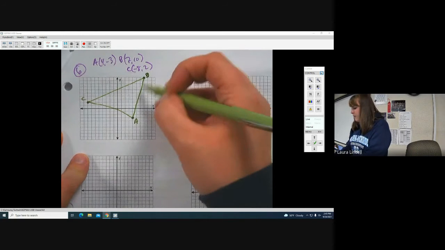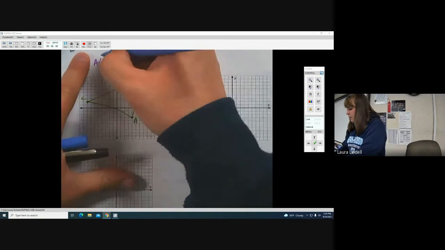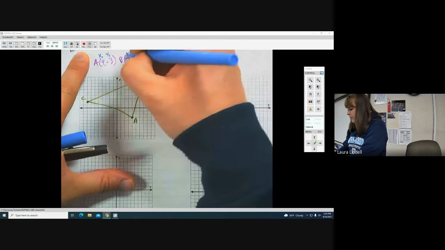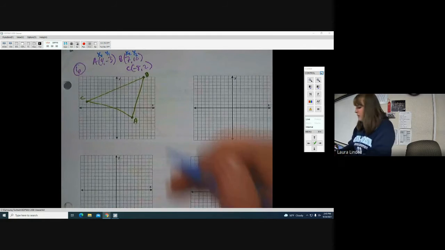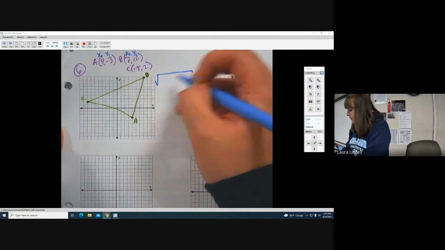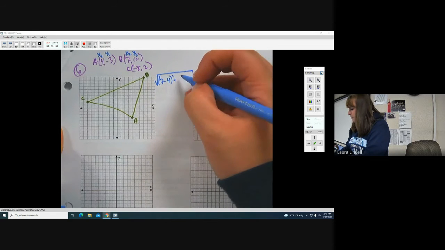The first one that I'll find the distance between, we'll do A and B. So we're going to call those x1, y1, x2, y2, and we're going to set it up with our square root here. So square root, x2 minus x1 is going to be 7 minus 4. y2 minus y1 is going to be 10 minus -3.